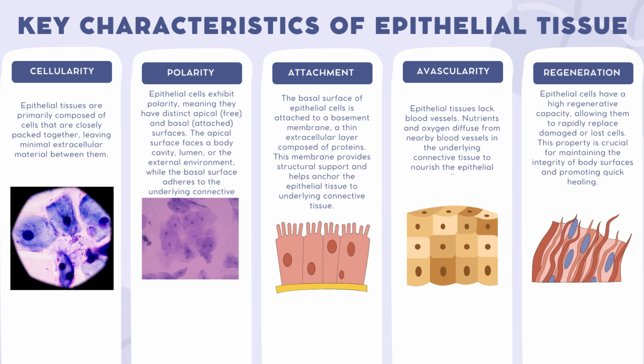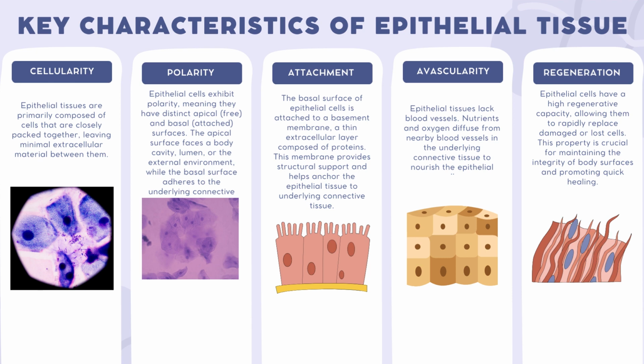Next characteristic is polarity. Epithelial cells exhibit polarity, meaning they have distinct apical, which means free, and basal, attached surfaces.